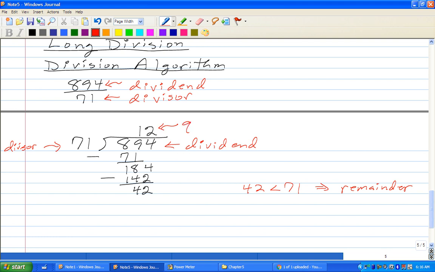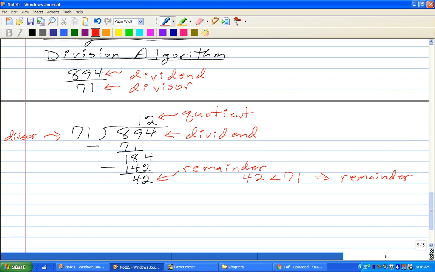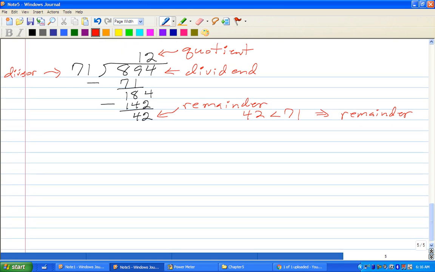This is my quotient. And now we've shown that this is my remainder, since the remainder is smaller than the divisor. And so I can now write that 894 over 71 is equal to 12 plus 42 over 71.